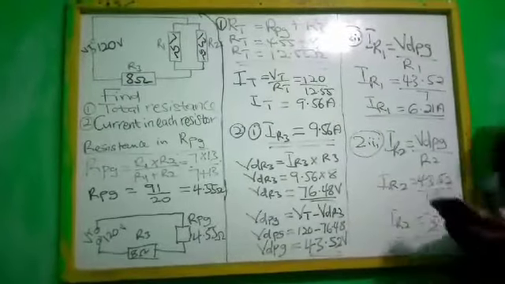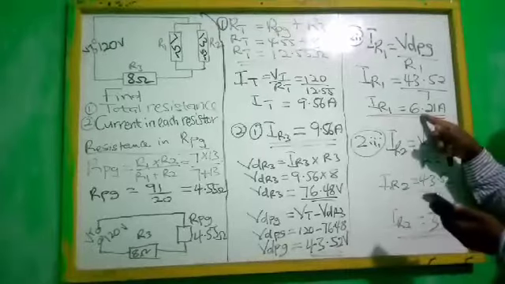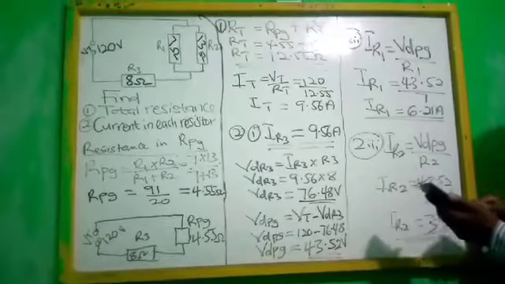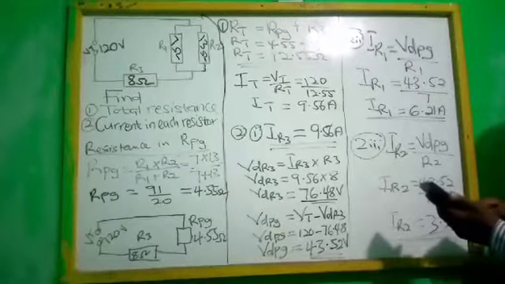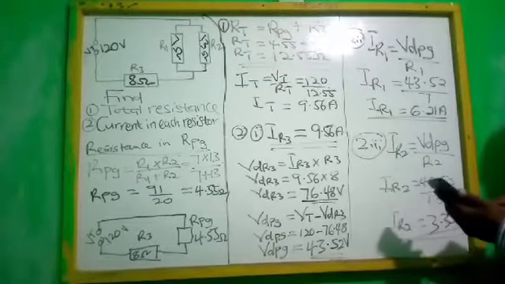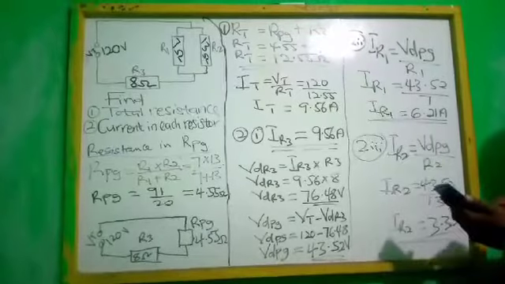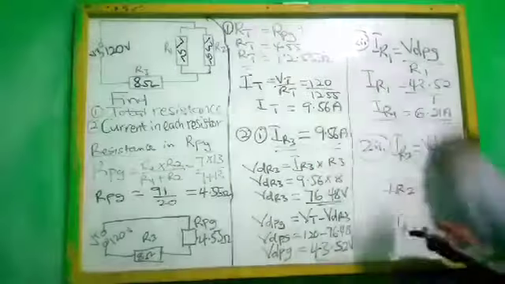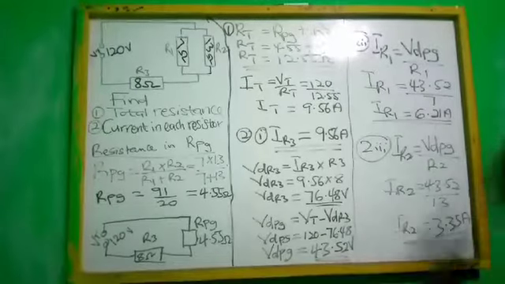Take your calculator and also check. 6.21 plus 3.35, we have our answer as 9.56 amps, which is amazing.